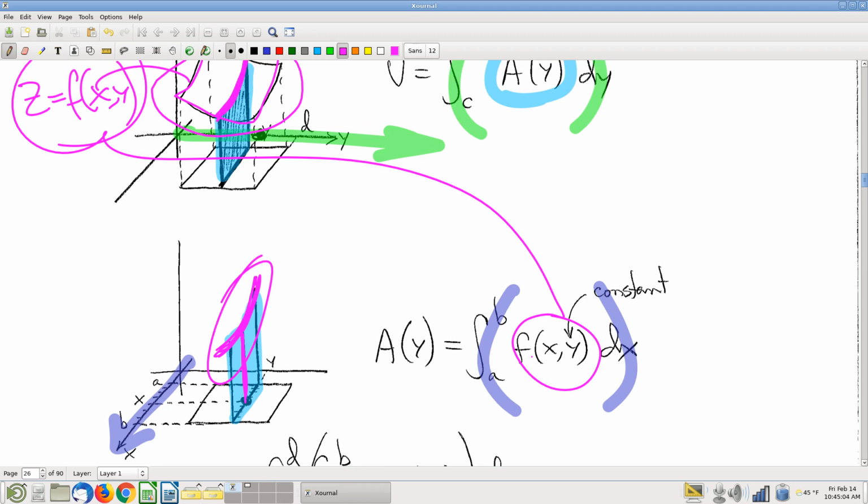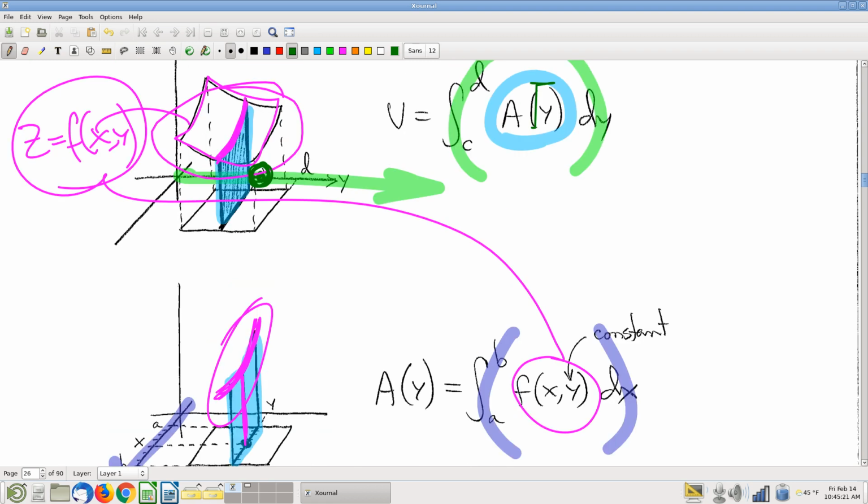Everybody good? Okay. Now do notice, while we're computing that cross-sectional area, don't forget y is fixed. It is for a specific value of y that I'm computing that area. So this y that we're plugging in there is not changing for the purposes of this integral.